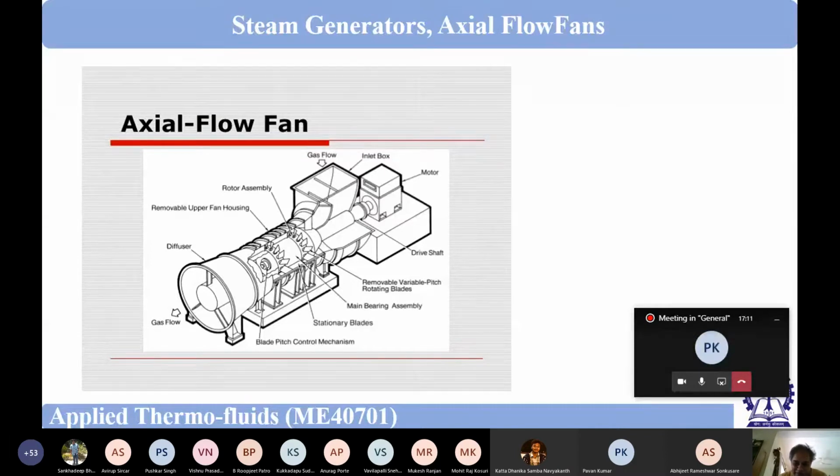He has his experience, he does it. So that means we are getting one means of controlling the air flow rate, and liquid flow rate also, and performance also, by changing the pitch angle of the blade.